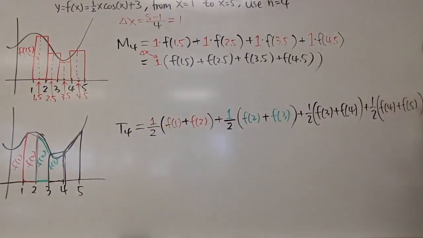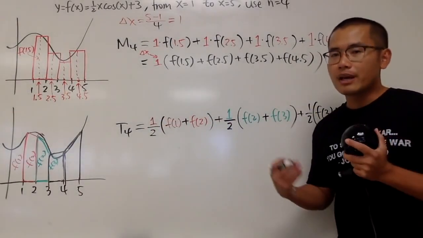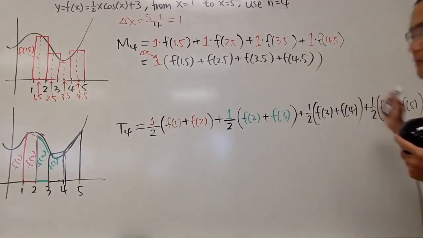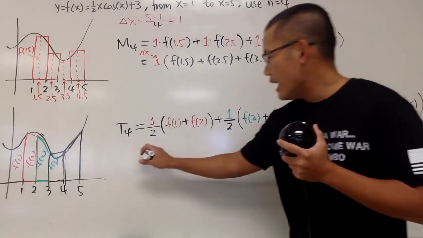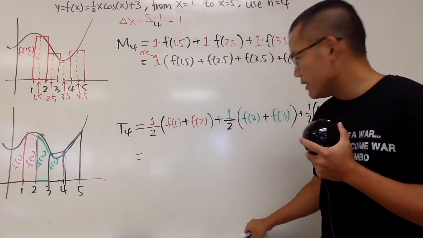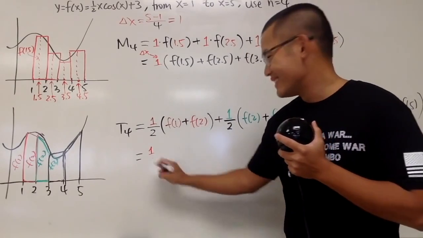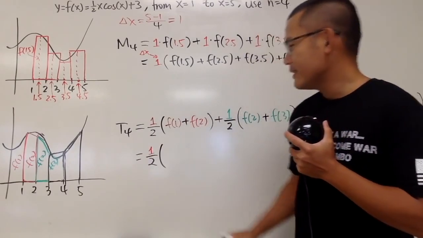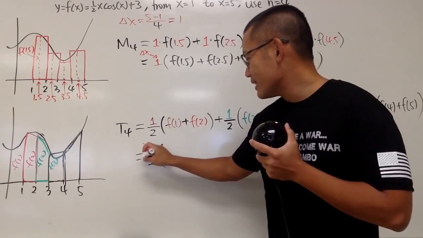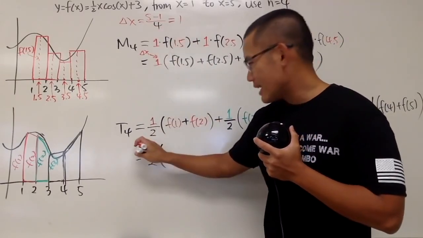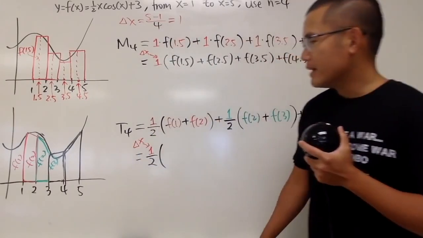Now, as you can see, this expression is pretty long, but the good thing is that we can actually factor out the 1/2 because everybody has the 1/2. And when we do that, let's see what we have. Let me again emphasize the 1. So we have 1/2, right? Because this 1 is the delta x. That's the idea, right?